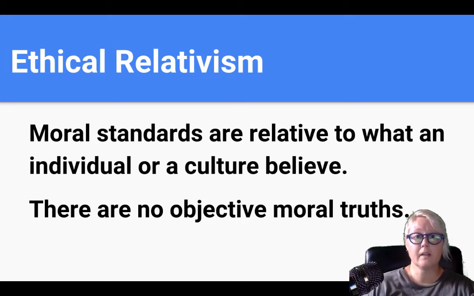And I hope it's pretty clear to see that if you believe in ethical relativism, pretty much anything can be right and good as long as one person or one group of people believes that it's right and good. So there's a distinction between tolerating diversity and difference among cultures and believing that anything a person or culture does is okay so long as they believe it to be okay.